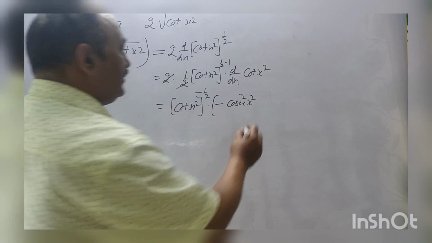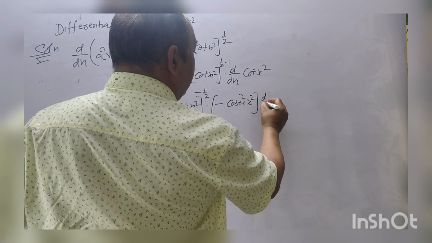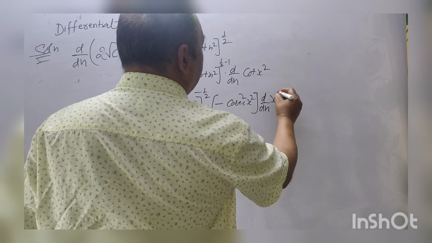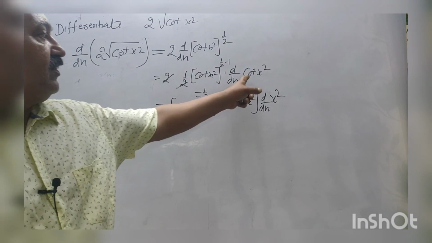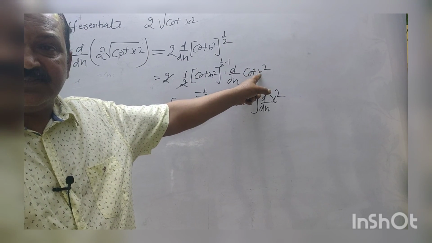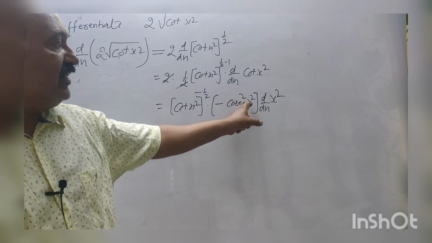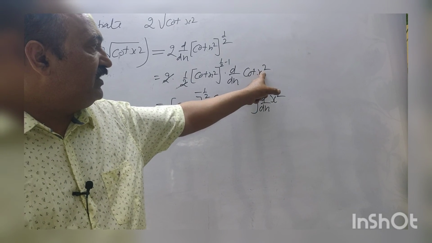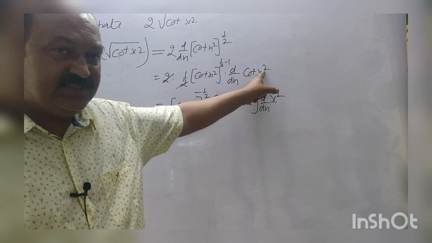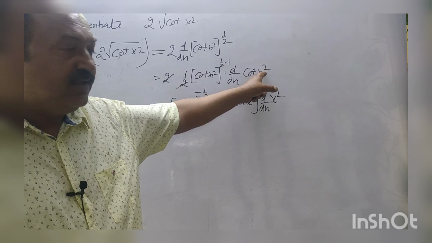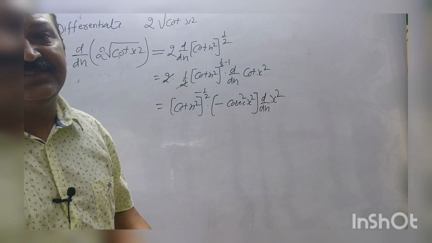Further derivative of x square, चेन रूल अभी समाप्त नहीं हुआ है, d upon dx of x square. Derivative of cot of f(x) is equal to minus cosecant square f(x). Further derivative of this f(x), because it is not x, it is x square. It is playing the role of f(x).